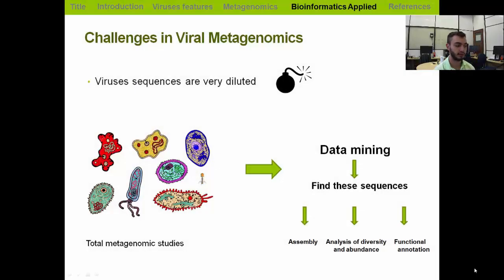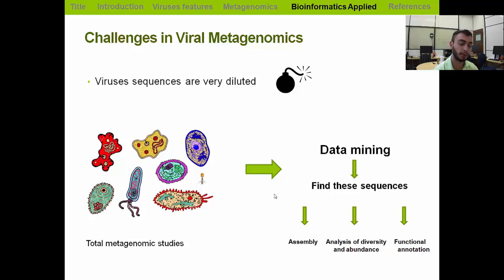So with total metagenomic studies we have to do data mining, which involves many difficult algorithms built to find the viral sequences, by similarity or by compositional methods.